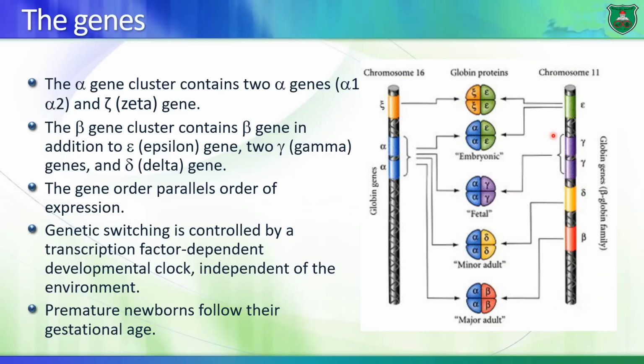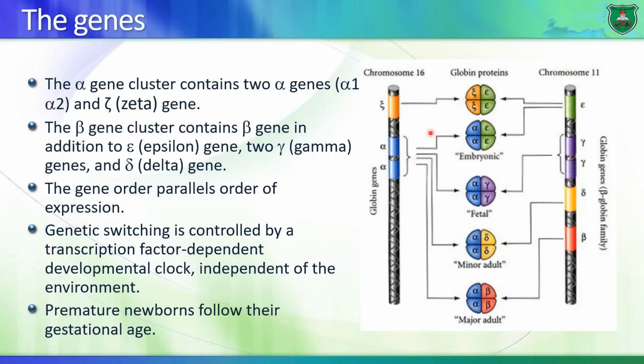And notice that the order of these genes reflects the order of expression. So you have expression of the zeta and epsilon, and then we have a switch to the gamma for the beta gene cluster, and to the alpha in the alpha gene cluster, and then to the delta and beta. Now note that these are located on two different chromosomes as well.